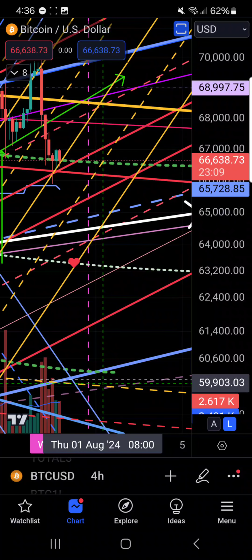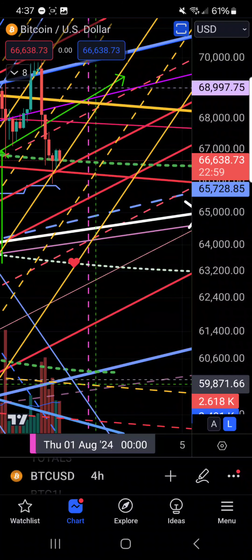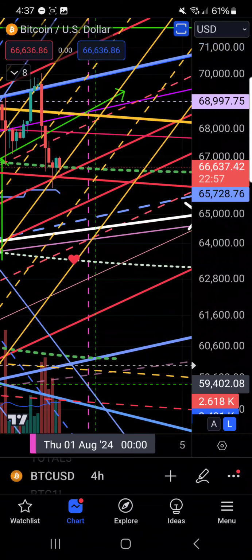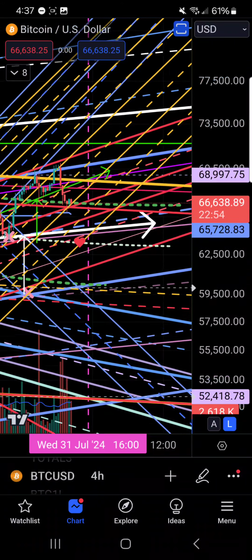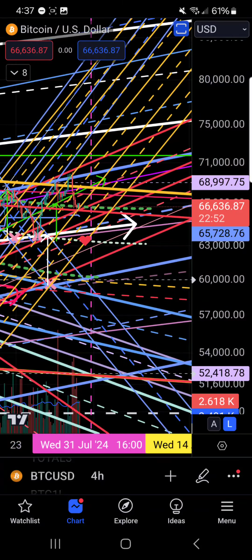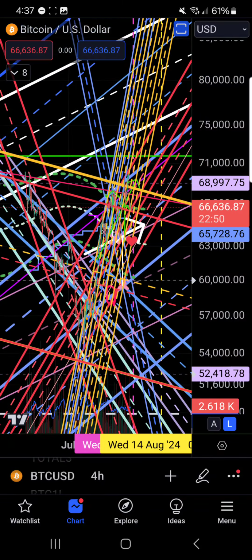Now that is significant. It's right around the bottom of the Gaussian channel, and a lot of times when we do come down there, we wick through it a little bit. This orange dashed line is very, very significant because it is the center line of that orange channel.